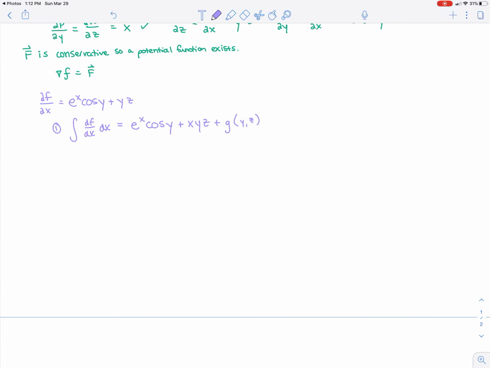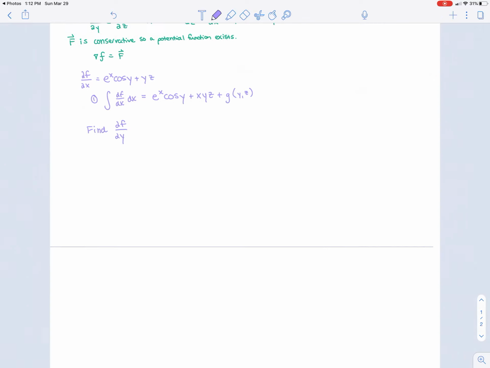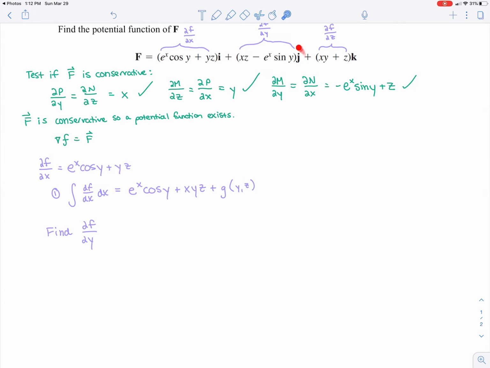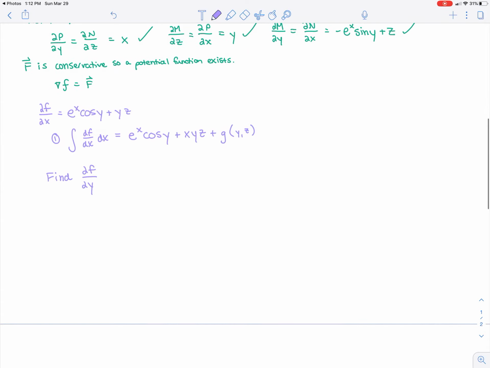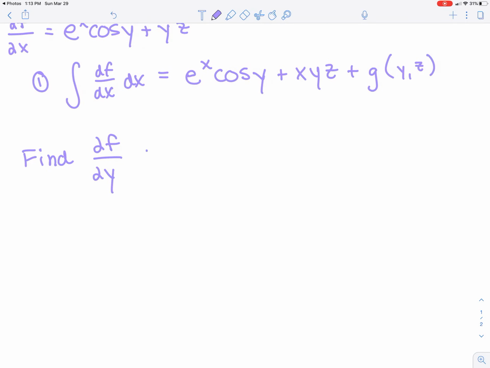What we can do now is calculate what df dy is. So find df dy of our potential function, and it better be equal to what we know df dy is. So let's calculate that first derivative of f with respect to y.